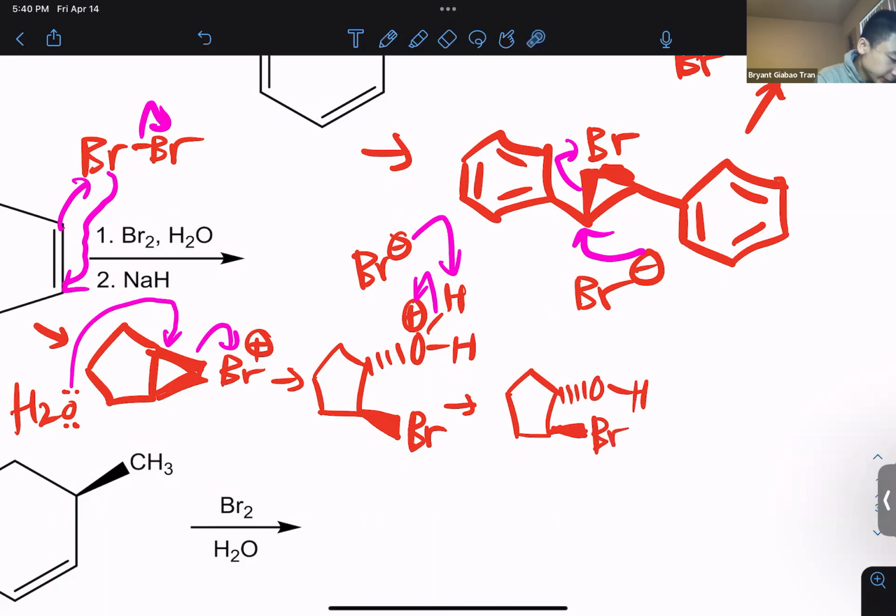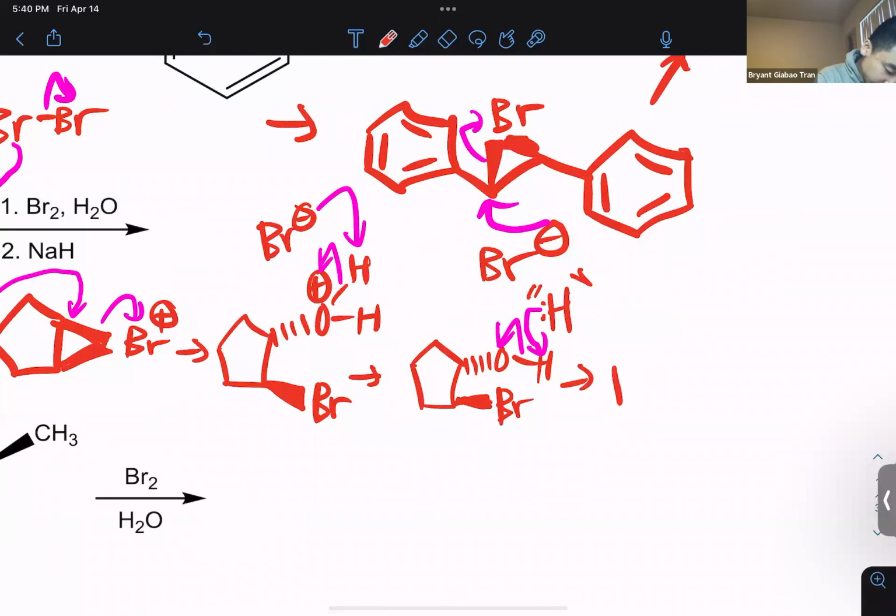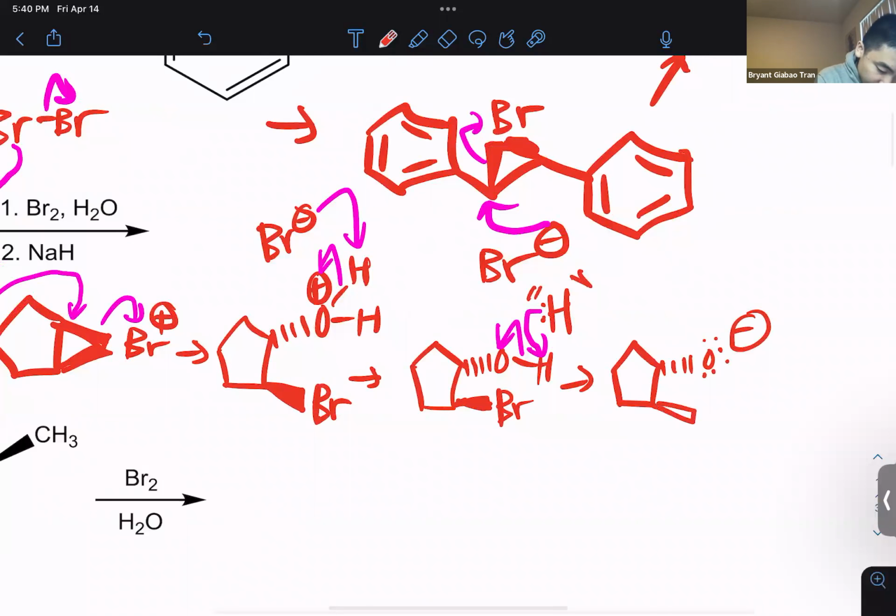Now let's bring in our second step of the NaH, and think of that NaH as a hydride ion, where this hydride ion will deprotonate the hydrogen of the alcohol. Bring this alkoxide here. So now we have a good nucleophile here, good electrophile here.